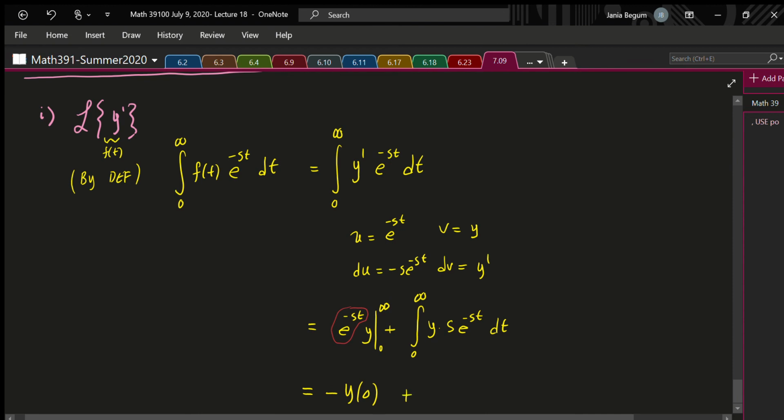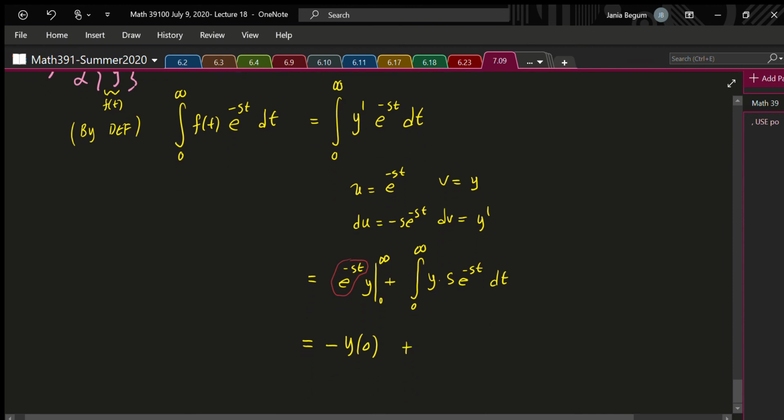Plus, well, now let's analyze this integral. You have the integral of, I'm going to pull out the s so that you can see it better, 0 to infinity, y times e to the negative st dt. What do you remember by looking at this?